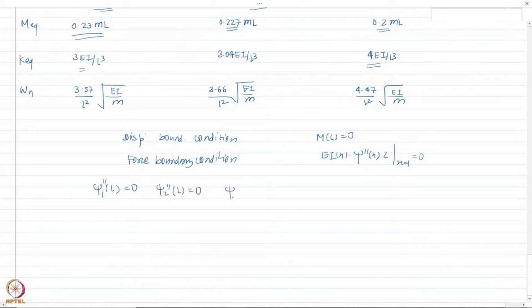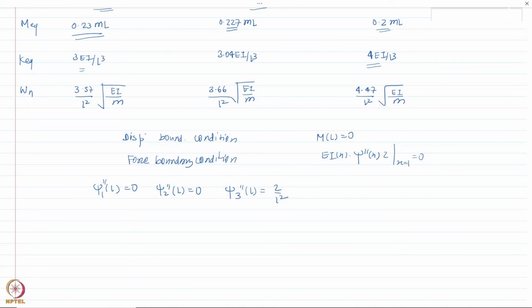However, phi 3 double dash is actually equal to 2 by L square. So it is not equal to 0. So while all three satisfy the displacement boundary condition, the first two also satisfy the force boundary condition.